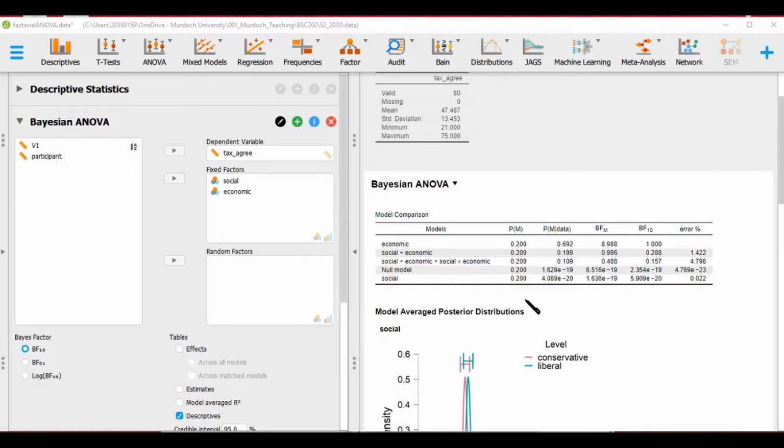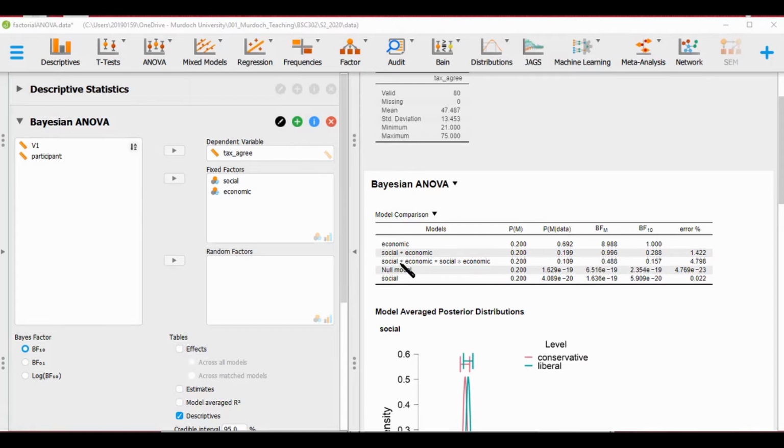Now, when we observe the data, the probability of the model after observing the data changes. So, for the model that says that only the economic views are important, it went from 0.2 to 0.69. The model that says that both variables are important went from 0.2 to 0.199. So it remained the same.